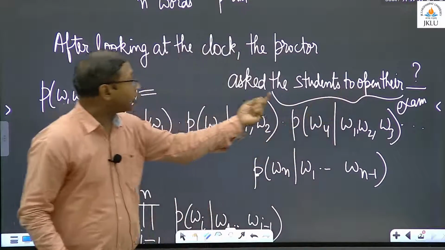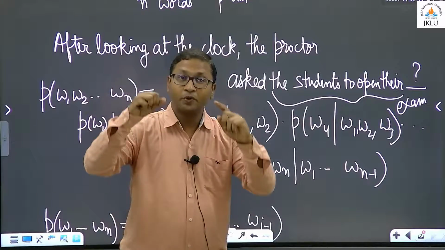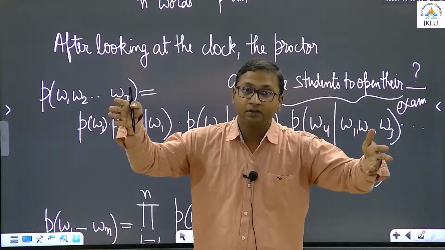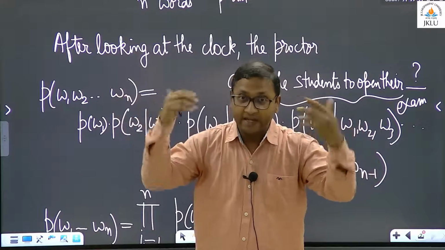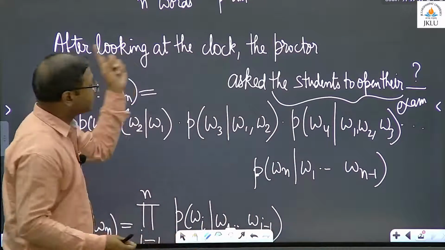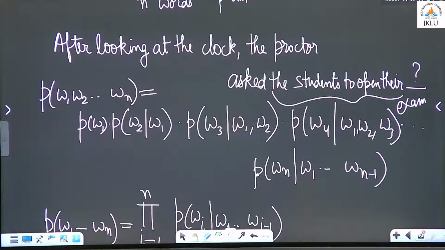The moment I keep on increasing the context, what will happen? The probability that it occurs in your corpus will be lesser and lesser, right? And what is the probability that this exact sentence will appear in your corpus? Very low, if not zero, right? And will it start moving towards zero the moment you keep on increasing the context?